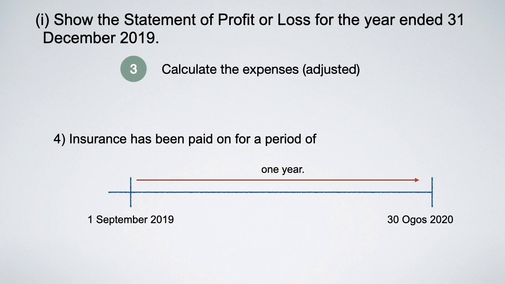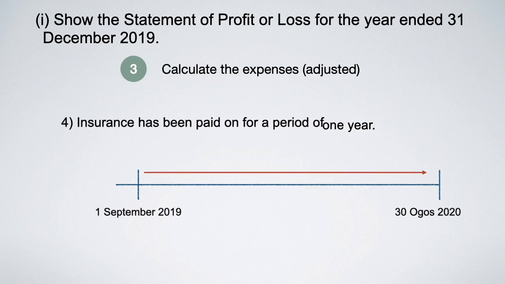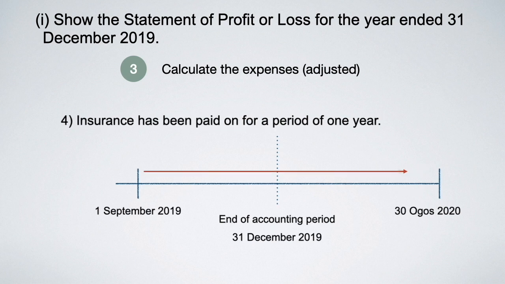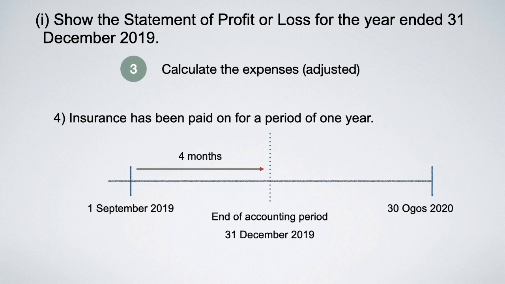Jadi insurans tu berapa yang dia start bayar tu? Kamu tengoklah kat dalam soalan tu. Okey, maknanya kalau you kira 1 September dia akan habis 30 Ogos tahun depannya. Alright. So, tapi kan tutup account adalah pada 31 Disember di tengah-tengah. Apa yang you kena kira sebenarnya adalah belanja insurans yang berlaku sebelum tutup accounts. Okay, which is only 4 months.